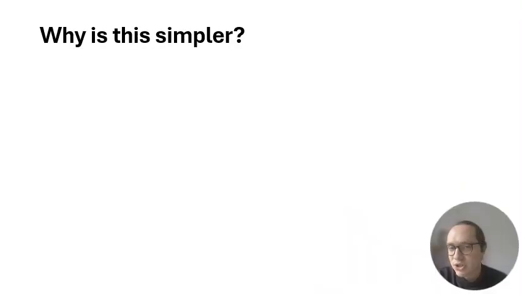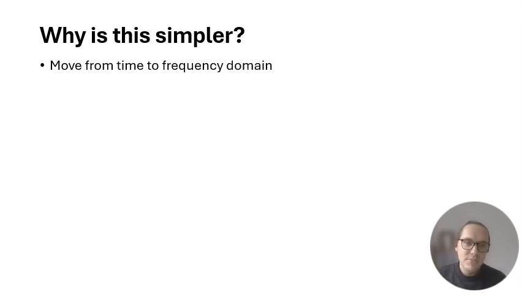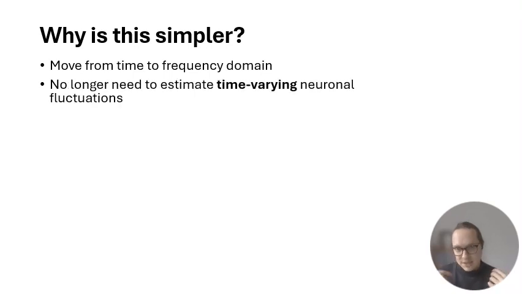But why is it simpler to do this than to try and estimate the endogenous neuronal fluctuations in the time domain? In moving from the time to the frequency domain, you're enabling yourself to no longer have to estimate these time varying neuronal fluctuations. You're parameterizing this and having to estimate only a couple of parameters rather than these time varying things, which are very complicated to do.